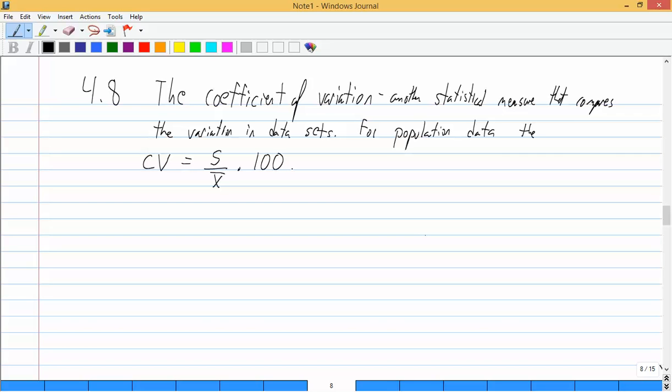And that'll give you a percentage. Well, I said that's S over X bar, but I said for population data. For population, it would be sigma over mu times 100. Sorry. For sample, it would be S over X bar times 100.